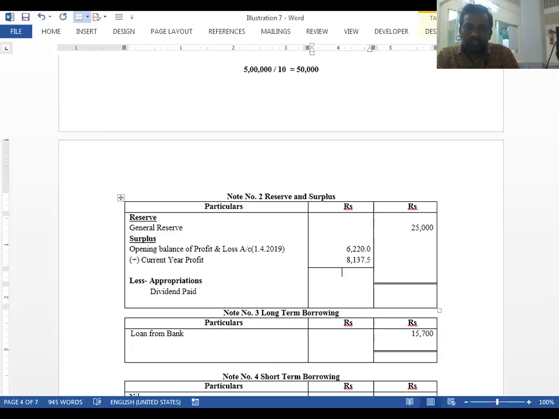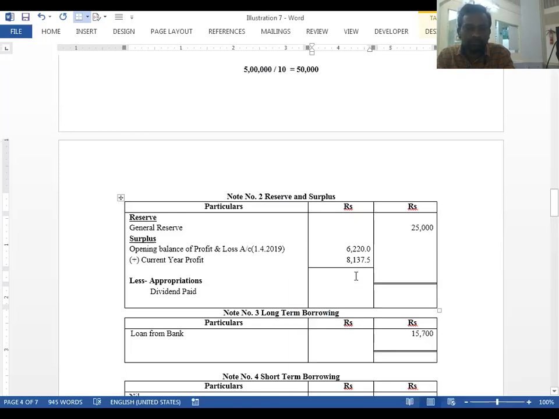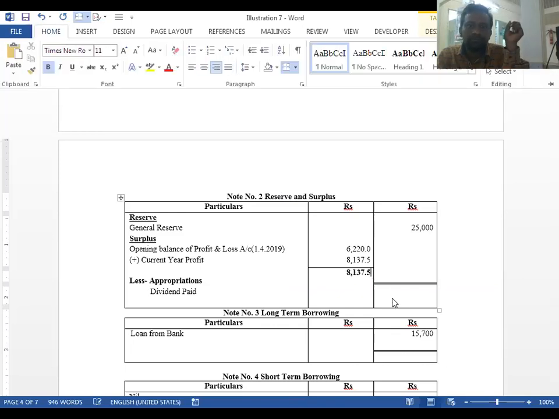What is the total? Total profit 14,357.5. Is it right? Okay, now this is the total profit.